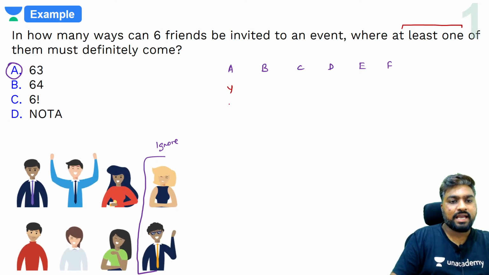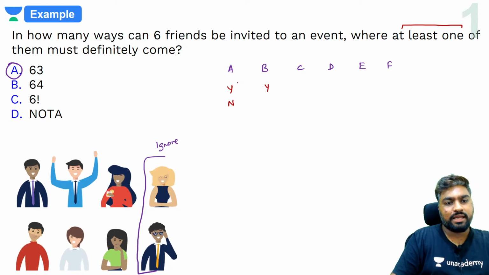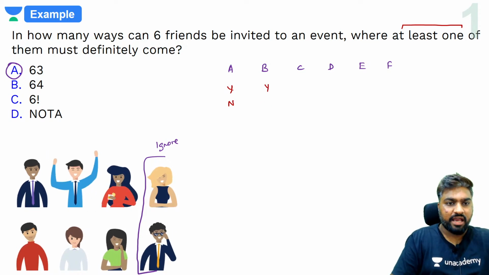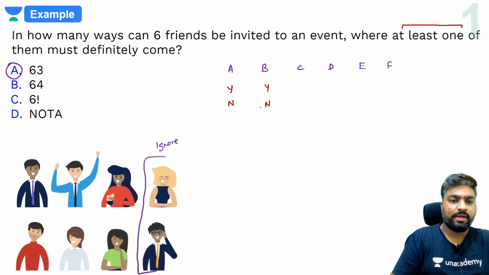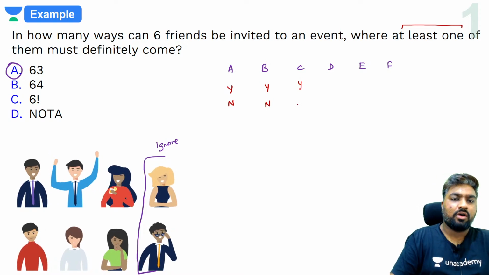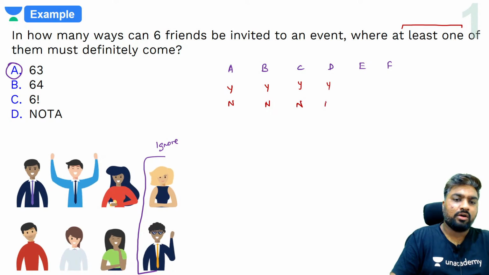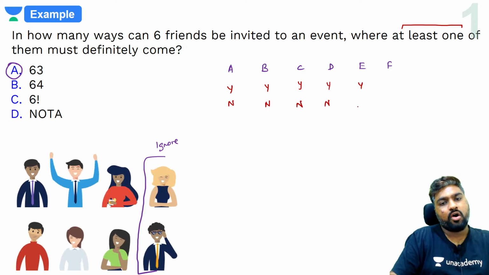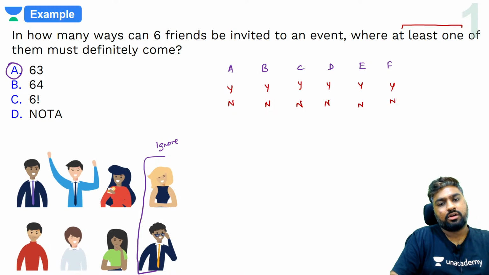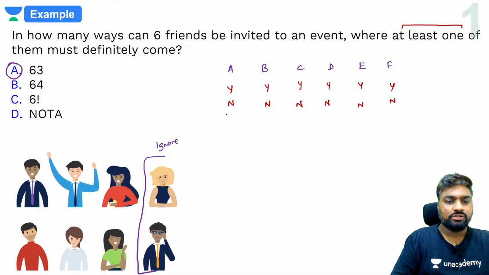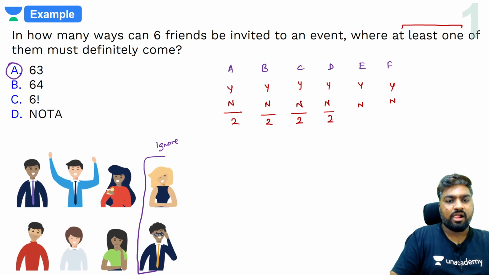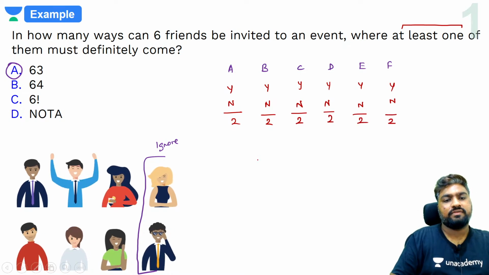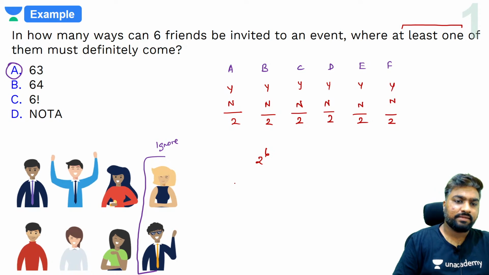So you can say yes, no to this. You can call A or not call A. Yes for A, no for A. B you can call or you may not call. C you can call, you may not call. D you can call, you may not call. So 2 options for each of these, which is 2 power 6.